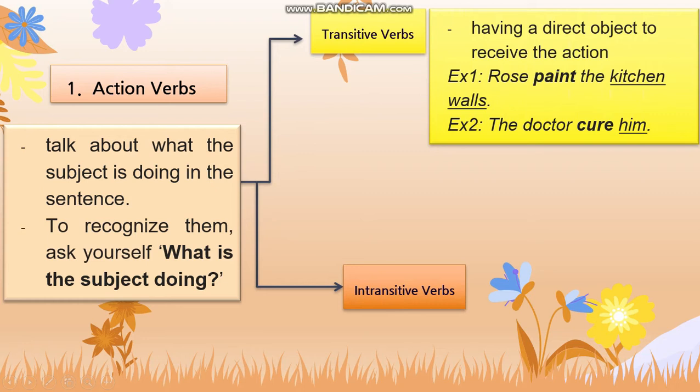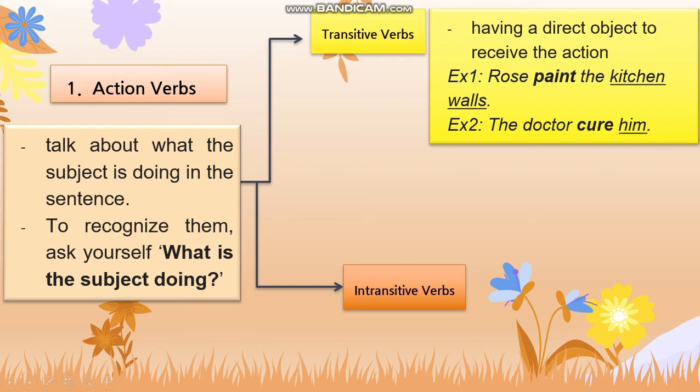So the object of the verb paint here is kitchen walls. It directly receives the action of painting. One more. Example 2. The doctor cured him. The word cure here is a transitive verb because it is followed by him, which is its direct object, and it directly receives the action from that verb.